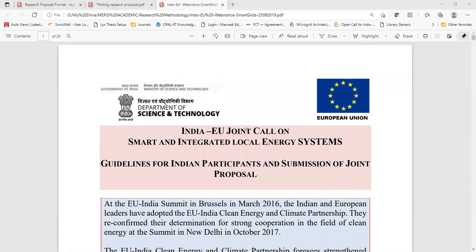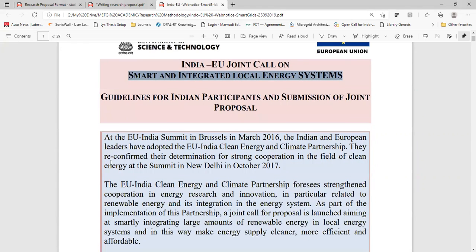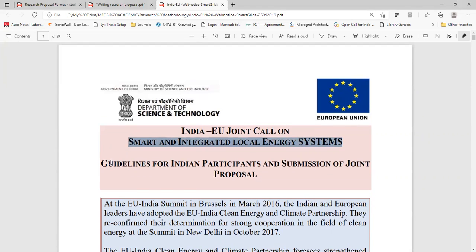Proposal guidelines. So this is actually an India European Union joint call on smart and integrated local energy systems. EU stands for European Union. This is the thrust area of this proposal. Understand?